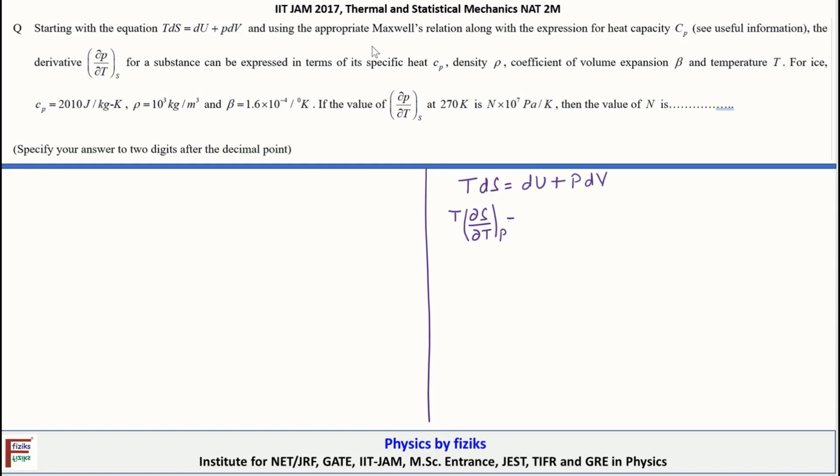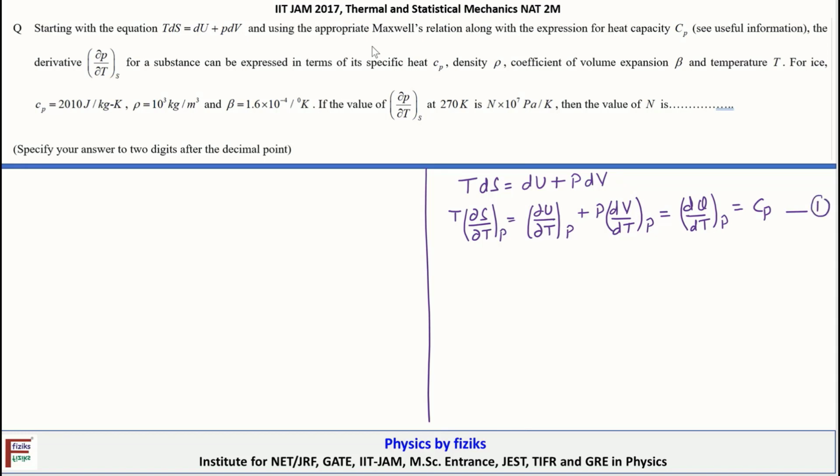So this is equal to dU by dT at constant pressure plus P dV by dT at constant pressure. And I'm writing this to be equal to dQ by dT at constant pressure, that is the heat capacity at constant pressure. Let's call this equation 1.